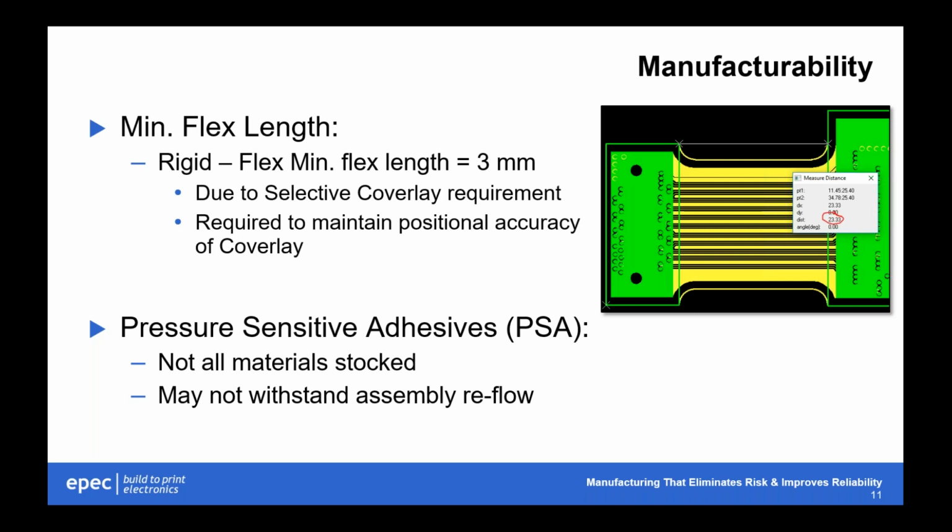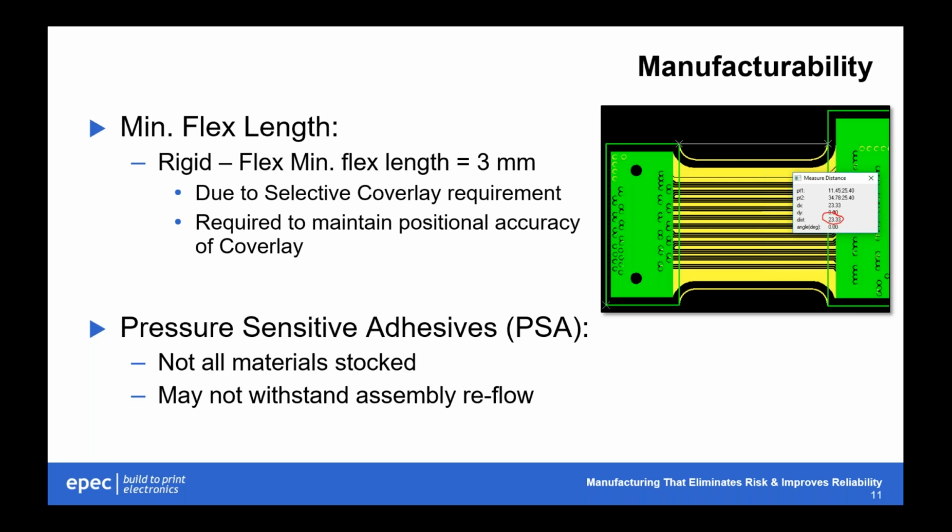The last element is pressure-sensitive adhesives, in other words, known as PSAs. PSAs are very commonly used in flex applications to assemble the parts and hold them in place within enclosures. But it's important to note that there is such a wide variety of PSAs available out there, both with respect to their adhesive properties and their thermal properties, and some are even electrically conductive.